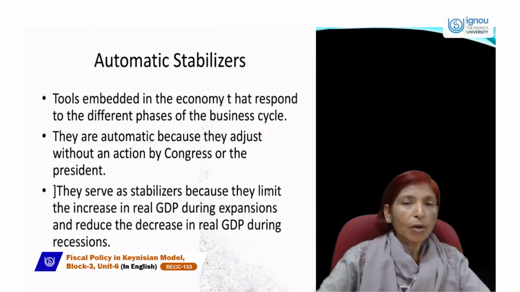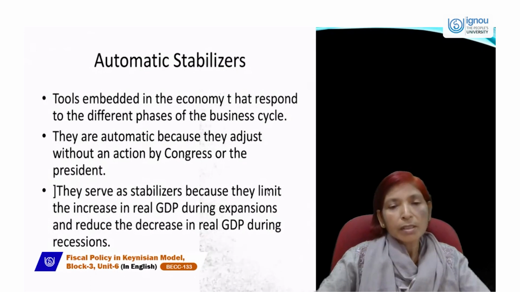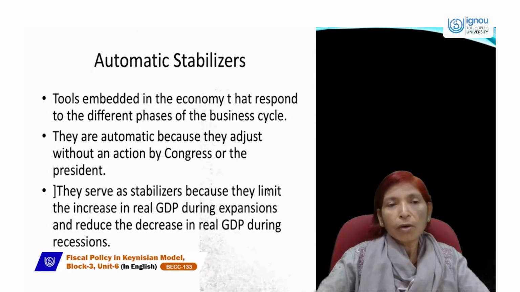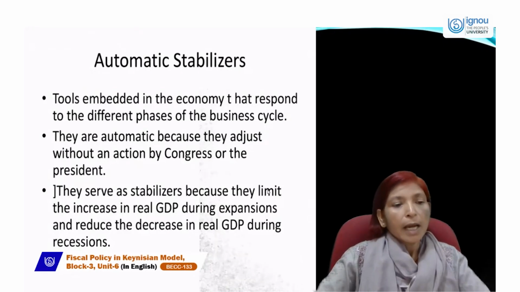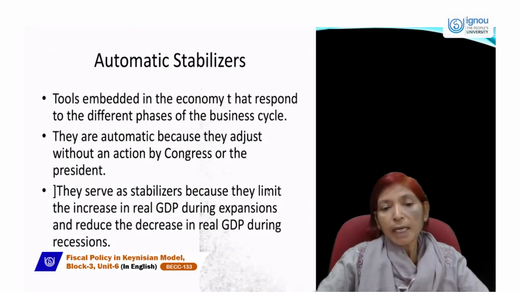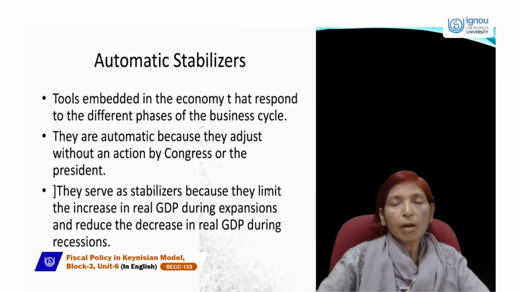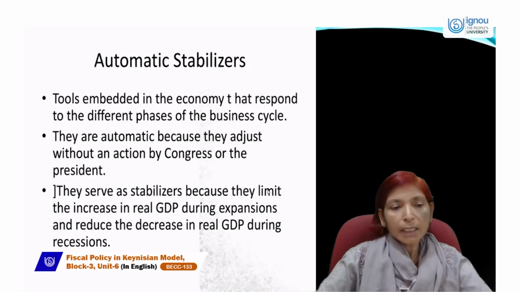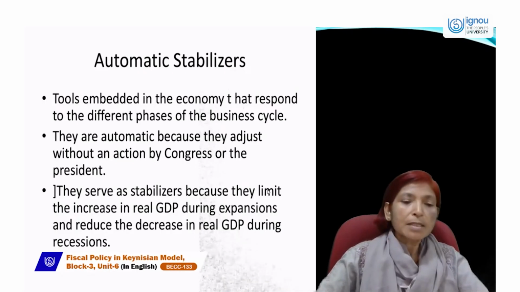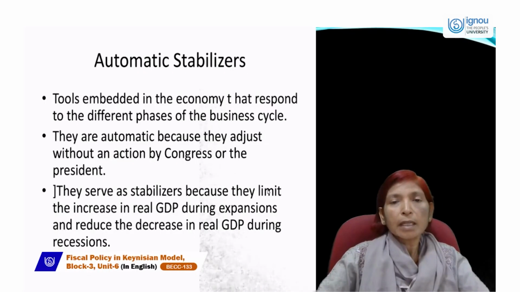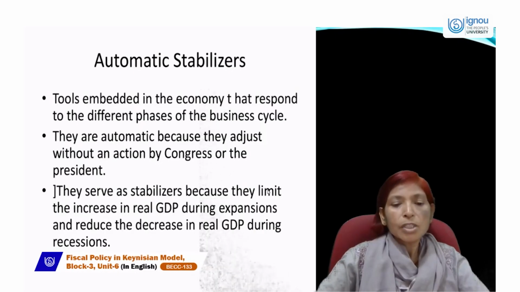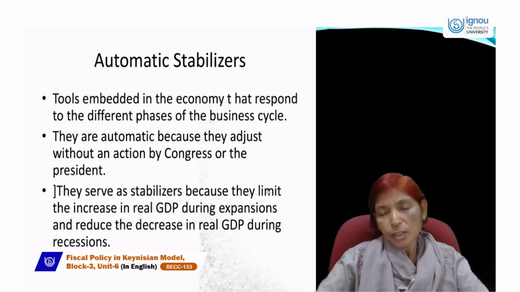And it works automatically because they adjust without any action by the government or the president, and they serve as stabilizers to stabilize the economy, to make the situation of stability, because they limit the increase in real GDP during expansion and reduce the decrease in GDP during recession.